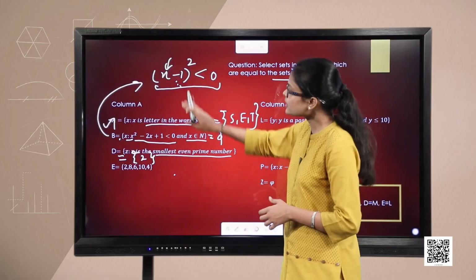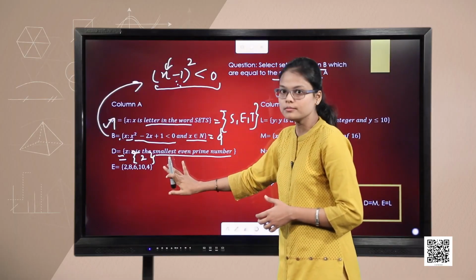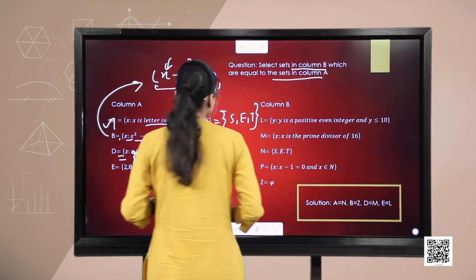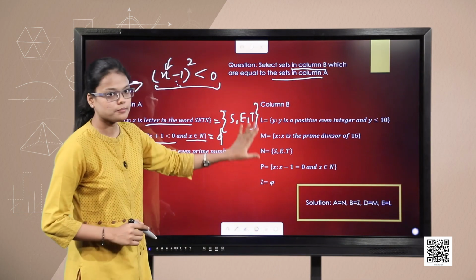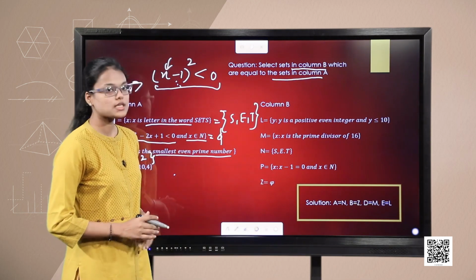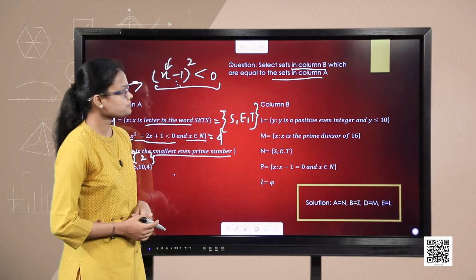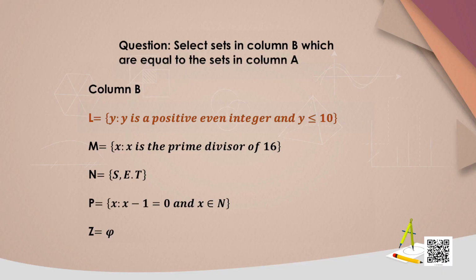So, here we have studied all the sets in column A. Now, let us study all the sets in column B, and then we will see which sets are equal. Column B, set L. It consists of all those positive even integers which are less than or equal to 10.